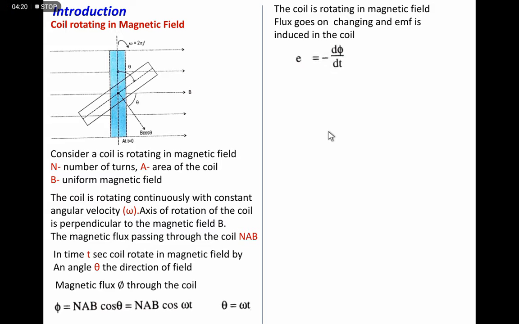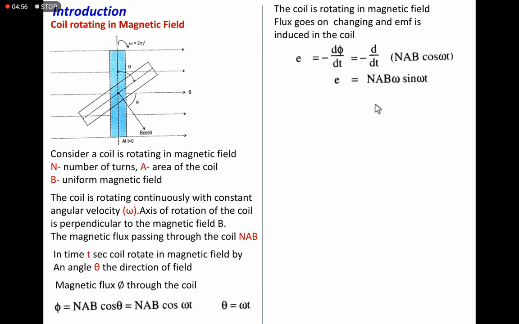Using Lenz's law, E is equal to minus d phi by dt. Phi is NAB cos of omega t, and after differentiating, cos gives a minus sign, therefore we'll get the magnitude of EMF induced in the coil when the coil is rotating in the magnetic field.